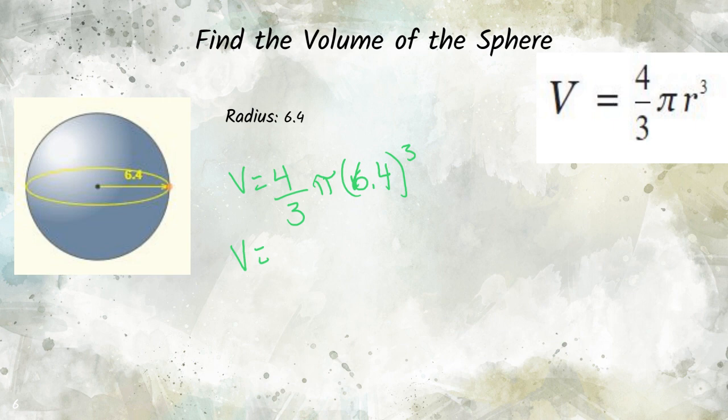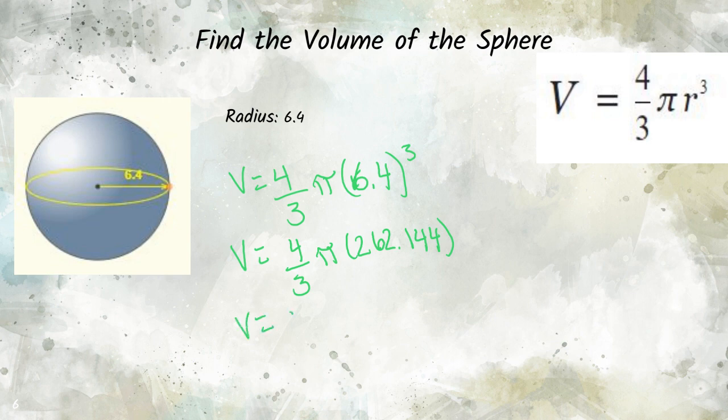When I multiply that out, I now have 4/3 times pi times 262.144. Now again, you can multiply in any order. So if you want to multiply by 3.14 or 4 divided by 3, either way, it doesn't matter. I'm going to start by multiplying by 4/3.